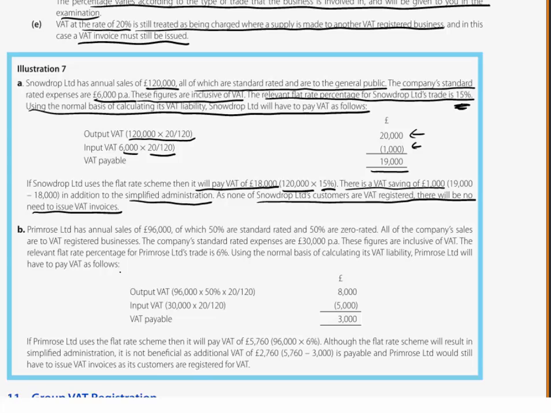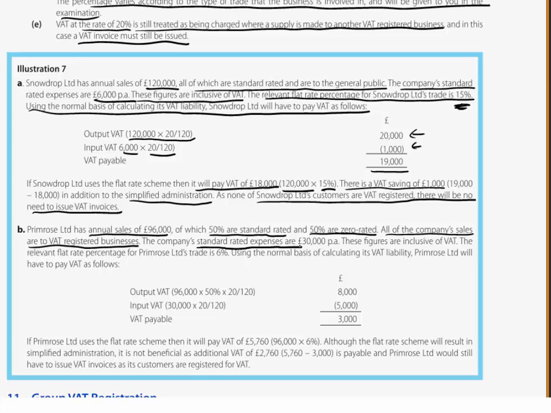Second and final example now in relation to our flat rate scheme. This time Primrose Limited has annual sales of £96,000, of which 50% are standard rated, 50% are zero rated. All of the company's sales are to VAT registered businesses.